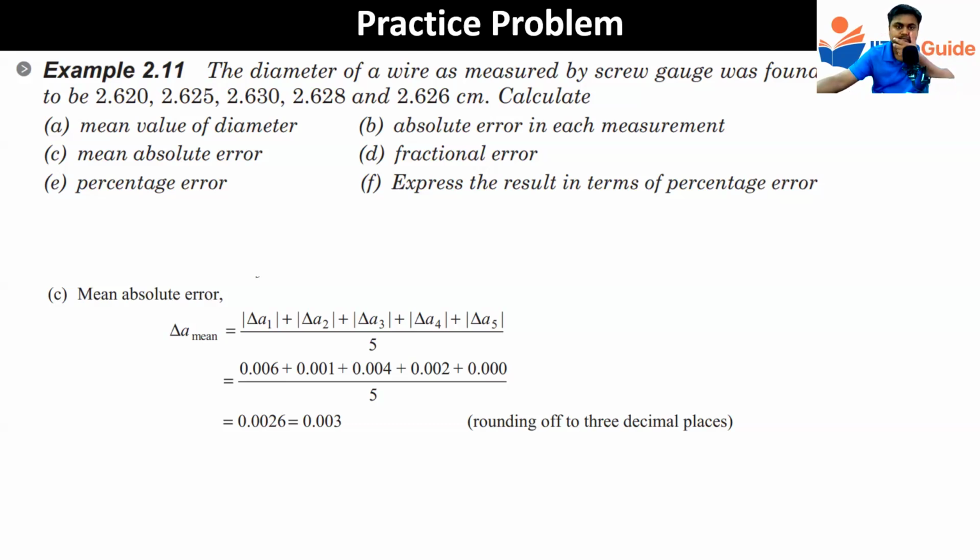Then the fractional error. Find out the fractional error.